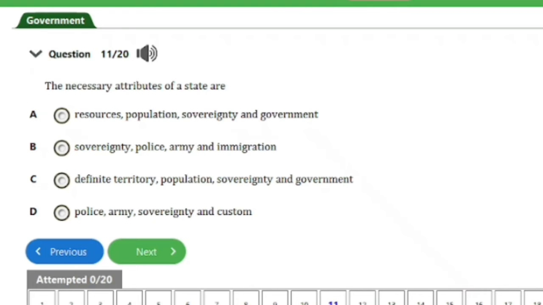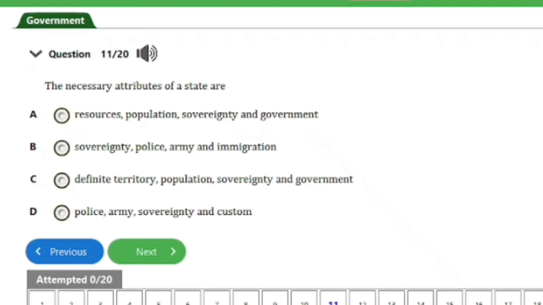So the next question we have here is question number 11. It says, the necessary attributes of a state are A. Resources, population, sovereignty and government. B. Sovereignty, police, army and immigration.